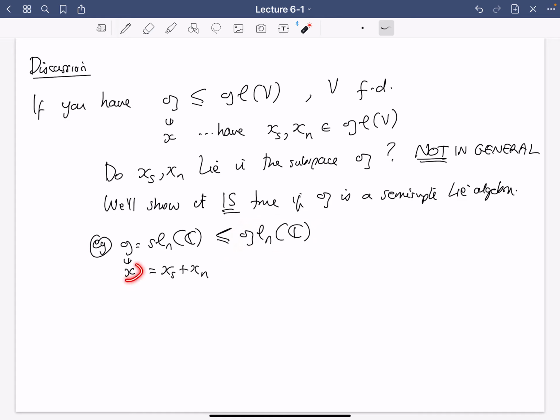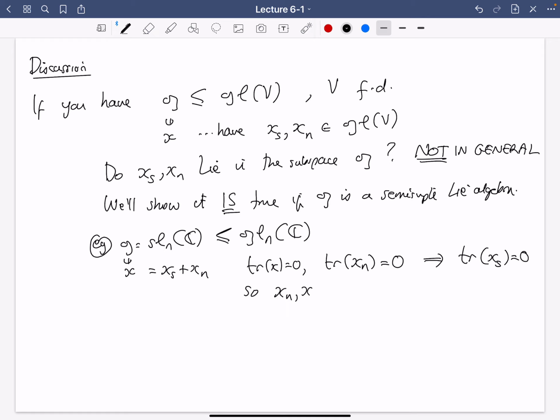But of course, x has trace 0 because it's in SLN, and xn is nilpotent, so all its eigenvalues are 0, so xn has trace 0. And those things together imply that xs has trace 0. So in fact, xn and xs do both lie in SLN of C in this case.